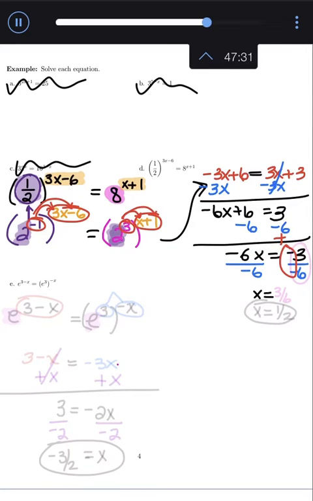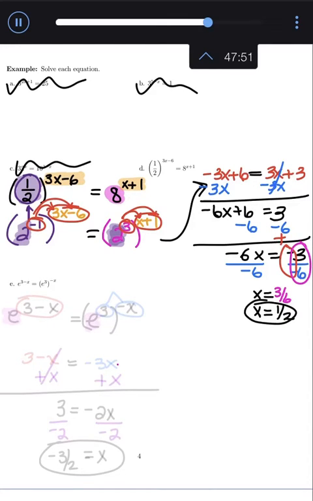Also, 3 divided by 6 is a fraction that can be reduced. So technically we have 3 over 6 right now, but that can be reduced to 1/2 by dividing both of those by 3. So we get our final answer of x equals 1/2.